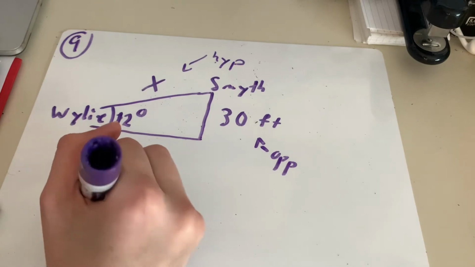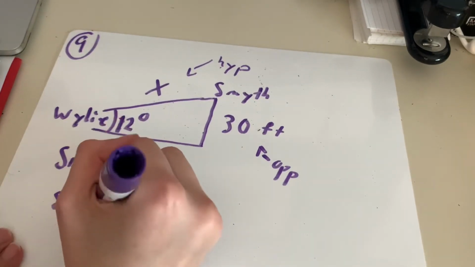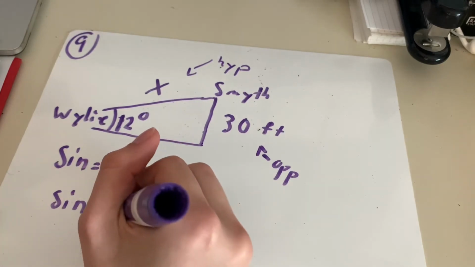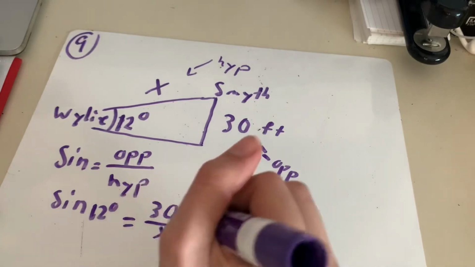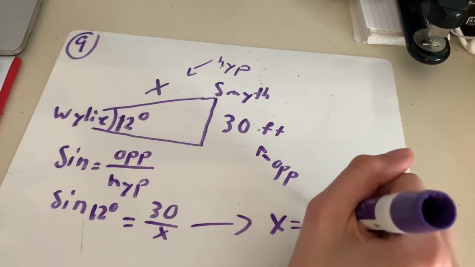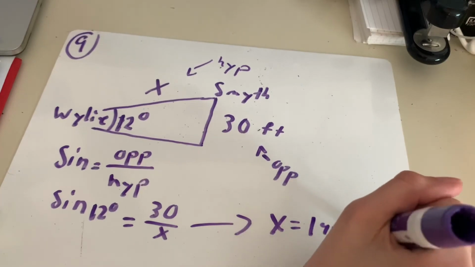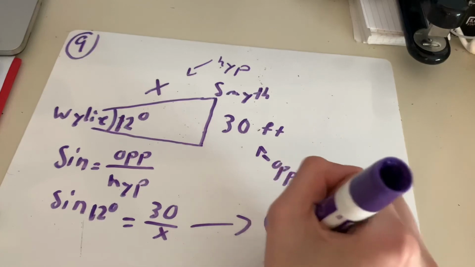So I did sine 12 equals 30 over x. Then it is 30 divided by sine of 12 equals x, and x equals 144.29 feet.